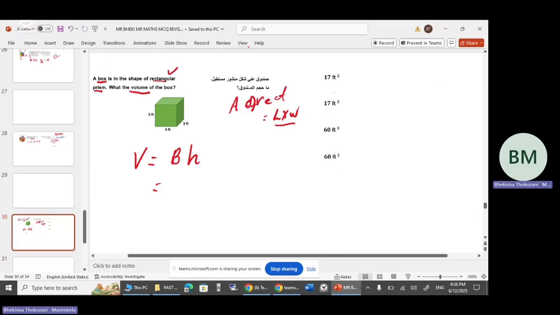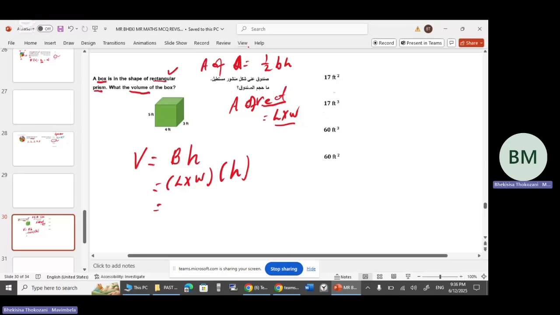We remember on the triangular one, we said the area of a triangle was half base times height, because it was a triangle. But now it's a rectangle, we're using L times W. I hope I'm making sense there. So now let's look for the base. So we're going to say L times W, multiplied by H. Are we good, guys?